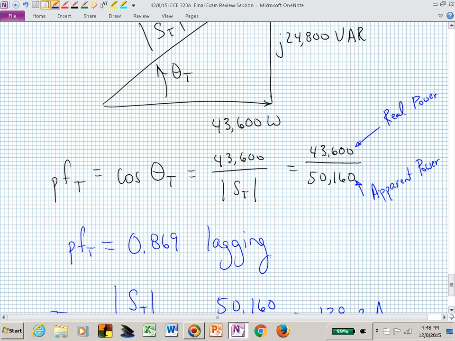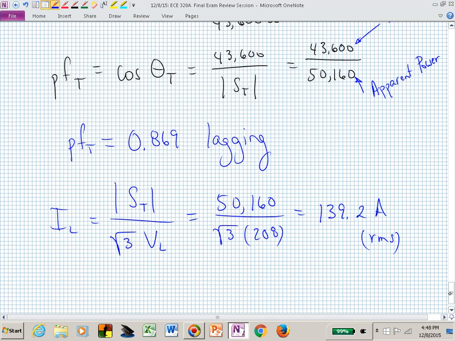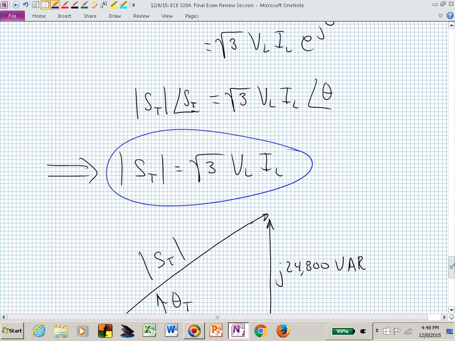Then we said, oh, this was good. Let's just go back to our polar form for the total complex power and just use the magnitude piece to find I sub L. And that was okay.